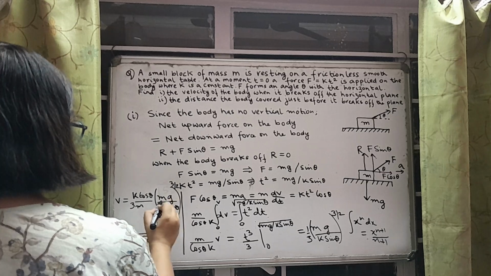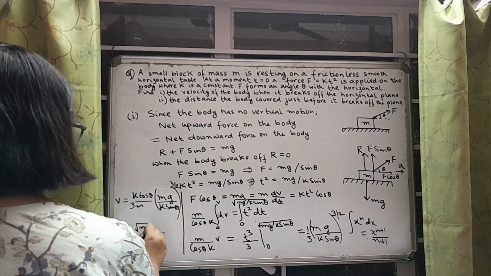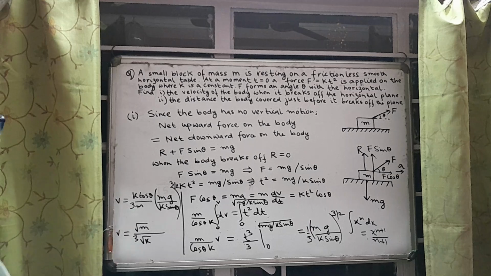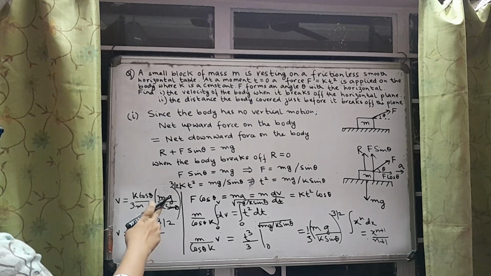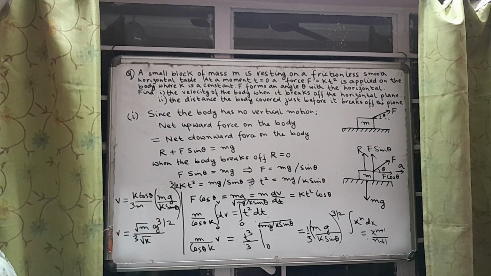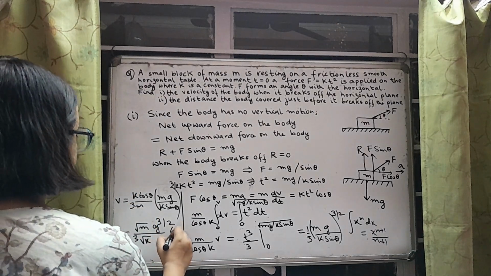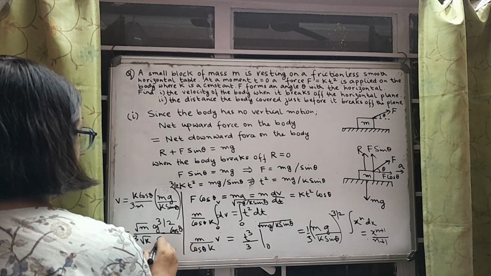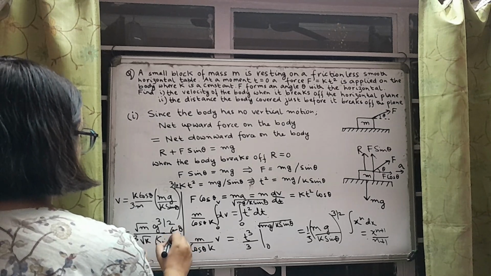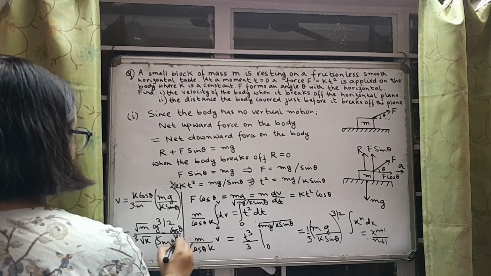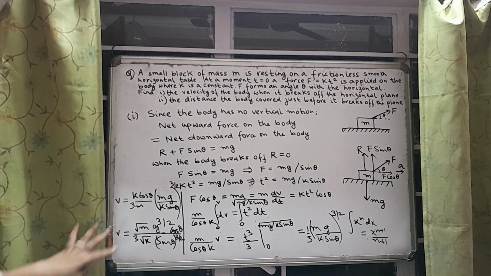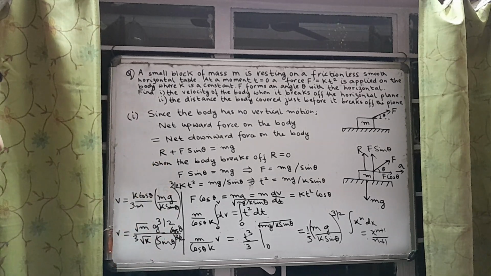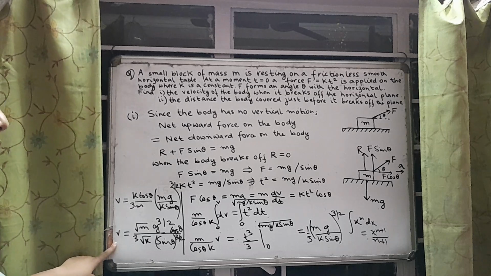For m, 3 by 2 minus 1 is half. So you get a root over m on the top, and you get g to the power 3 by 2, and cos theta into cos theta divided by sine theta to the power 3 by 2. So you get this very complicated expression, but this is the explanation for it. So we have found out the velocity when it just breaks off the horizontal plane.